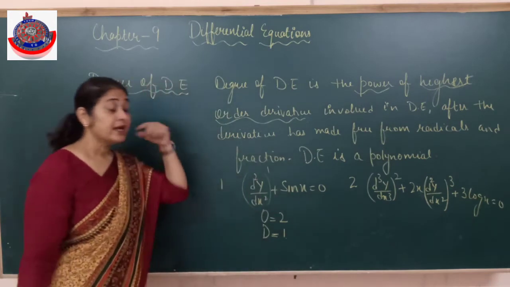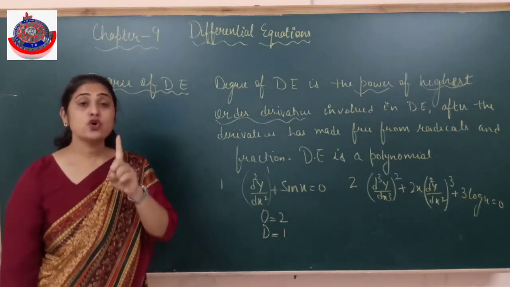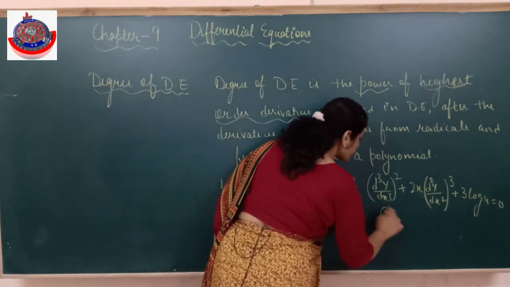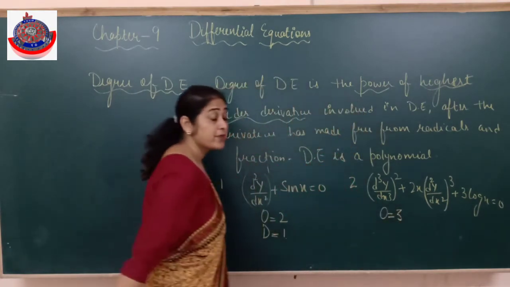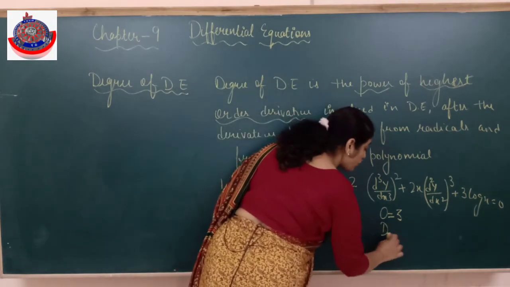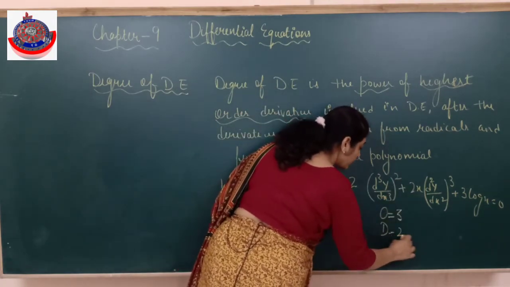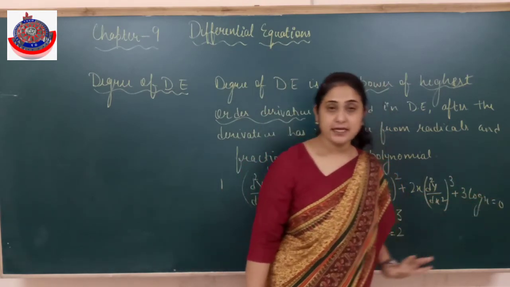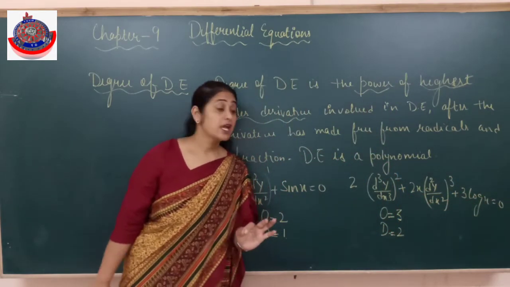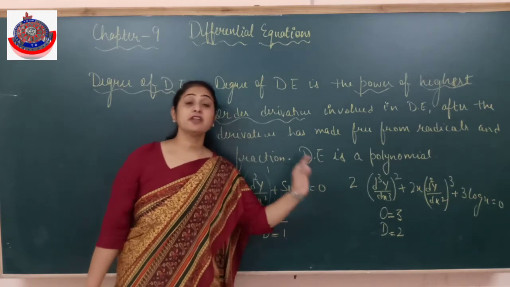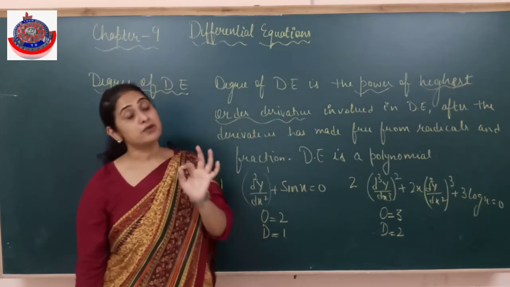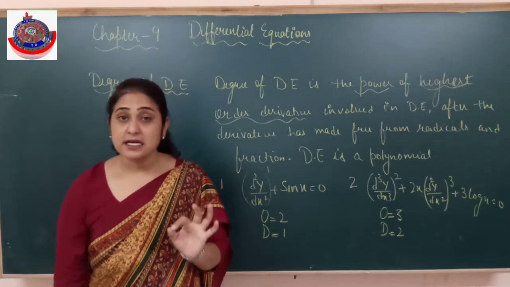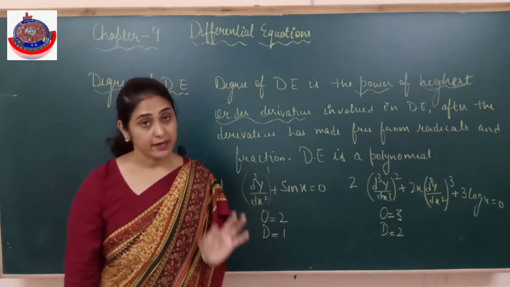What is degree? डिग्री है जो highest order derivative है उसकी power. ऑर्डर क्या है? Highest order derivative कौन सा involved है? 3. Degree is the power of that highest order derivative involved. So do not see कि सबसे ज्यादा power तो 3 है तो 3 डिग्री लिख देते हैं, ऐसा नहीं है. किसकी power चाहिए मुझे? जो highest order derivative involved है उसकी power I need. That is the degree. Is it clear? That is the degree that you need to keep in mind.